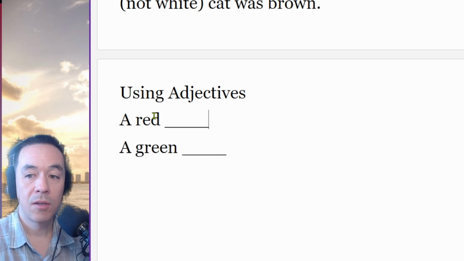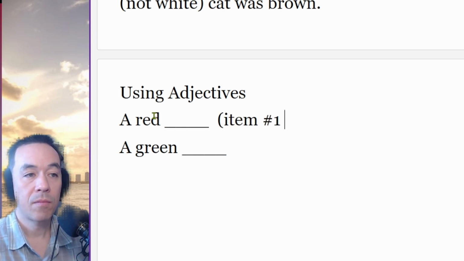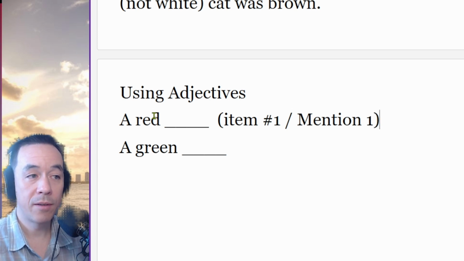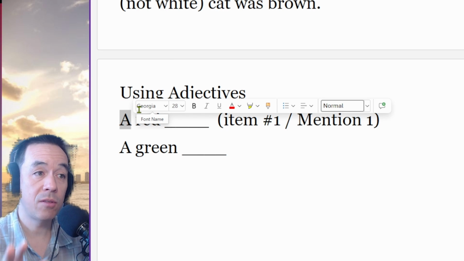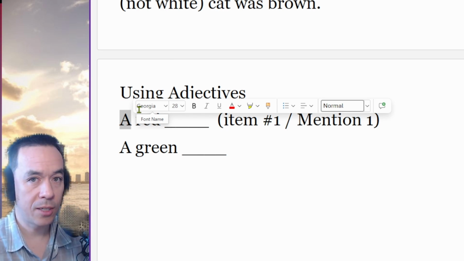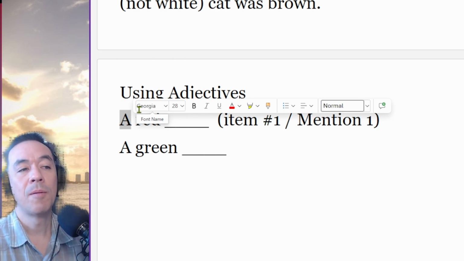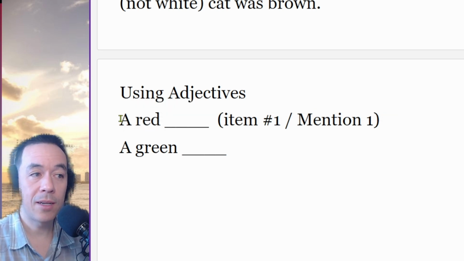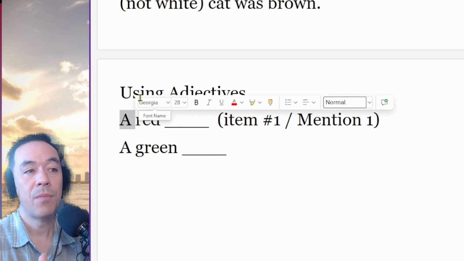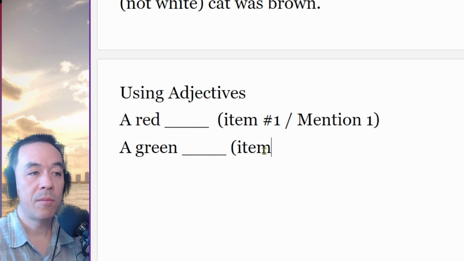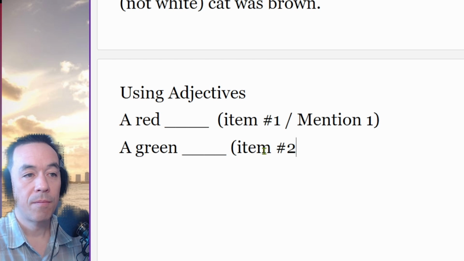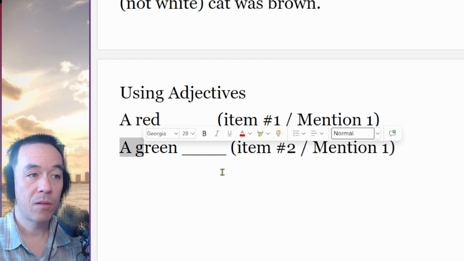This is item number one. Mention one, so this means first time telling. I'm telling you first time, you don't know this, right? If you need review of that, there's another video of a and the. So mention number one. Same thing here is item number two, but still mention one.